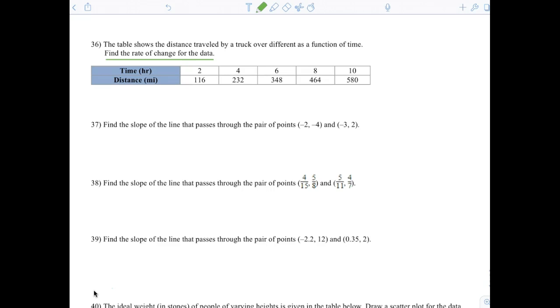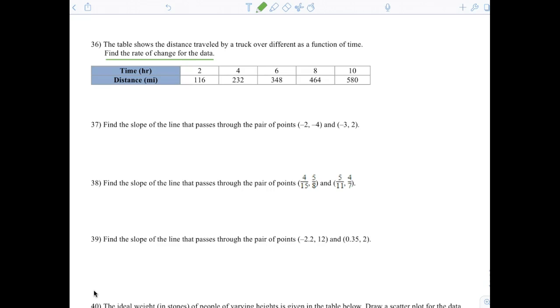Now listen to me. Here's what some of you guys are making a mistake on. Rate of change is not the percent of increase or decrease. There's a specific word for rate of change. A rate of change is a slope.